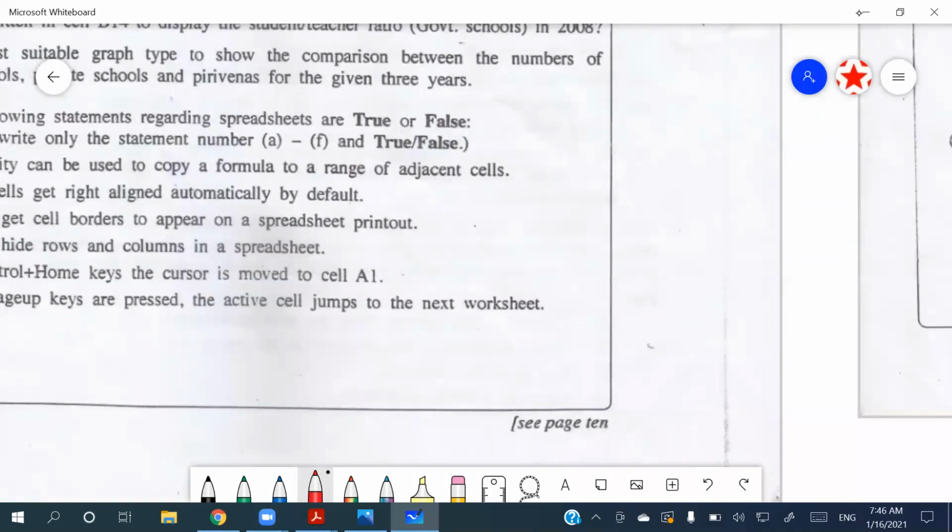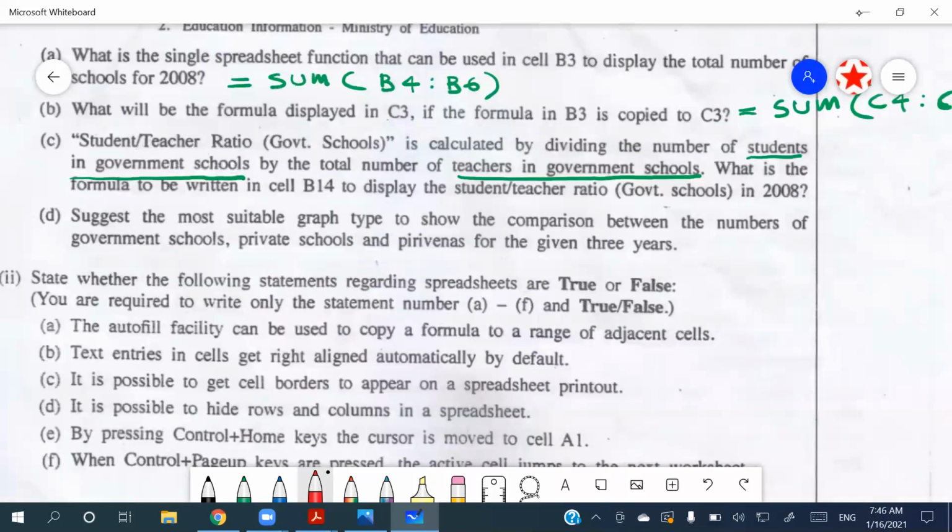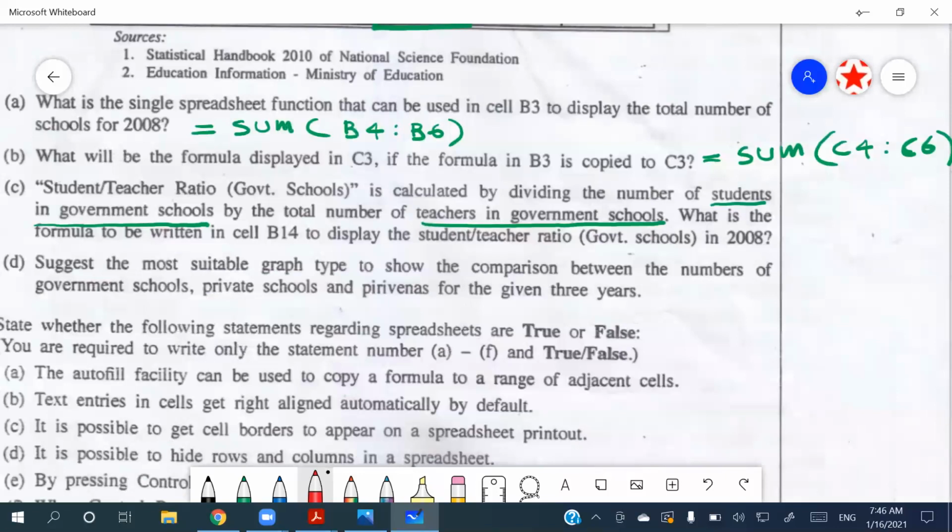So the ratio can be generated: equals B4 divided by B12, right? So that should be the answer.